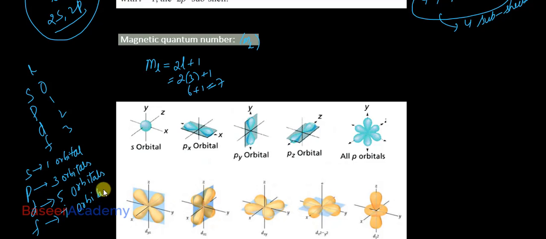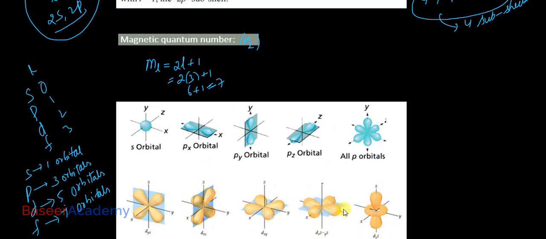f has 7 orbitals. And you can see the shapes here. s has only 1 orbital, and the shape of the s orbital is spherical. p has 3 orbitals: px, py, pz. d has 5 orbitals: dyz, dxz, dxy, dx squared minus y squared, and dz squared.